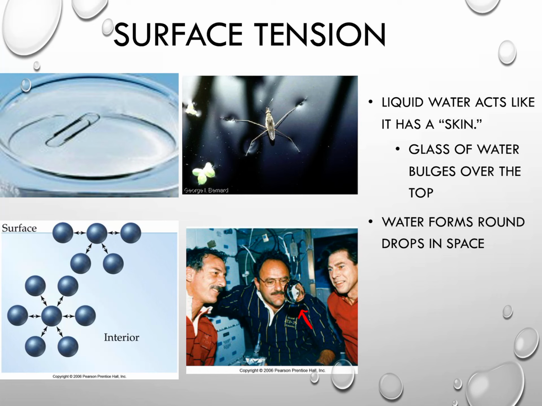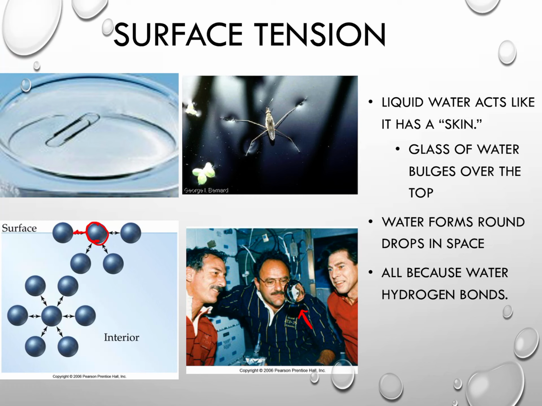So instead of breaking all apart, the strongest attraction these water molecules feel is to each other, and so they will hang on and form these round droplets. And this is all because water hydrogen bonds. Water is a really, really cool molecule. I know I keep saying that, but it is really extraordinary.